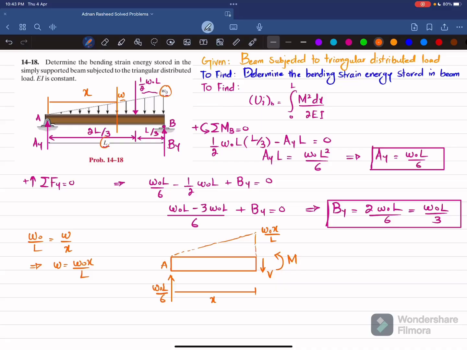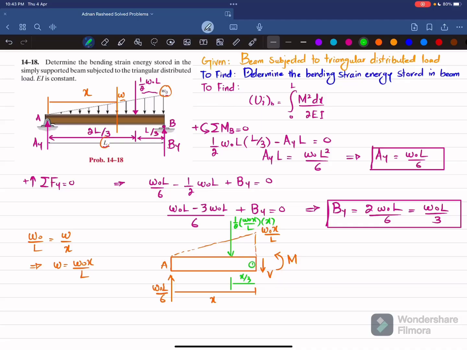Now when you convert this triangular load into a point load, it will be equal to 1 over 2 into W naught x over L and the length over which it acts, and that is x. And it will act at a distance of x by 3 from this side. So x by 3. Okay. Now let this point be point 1.